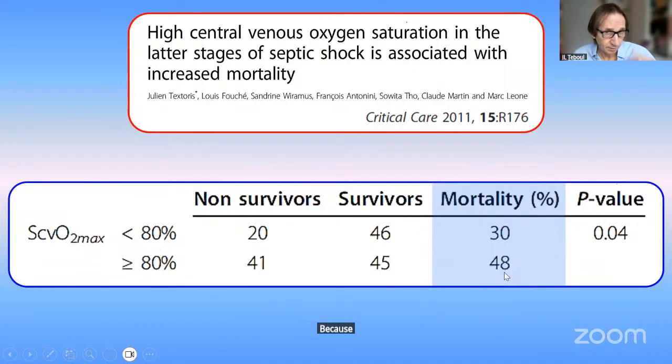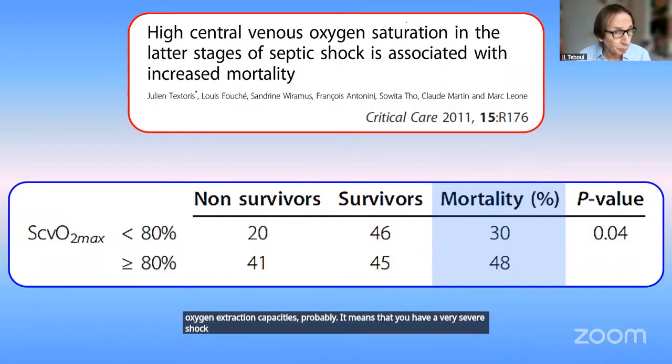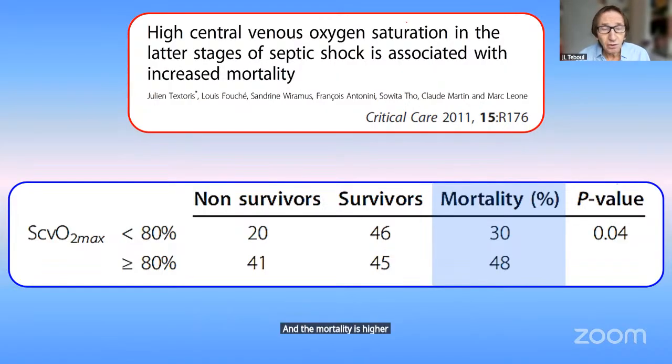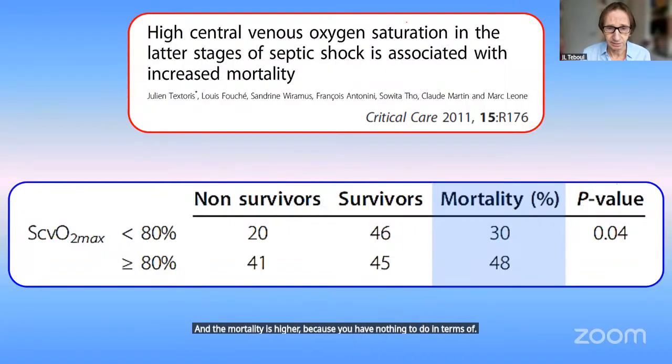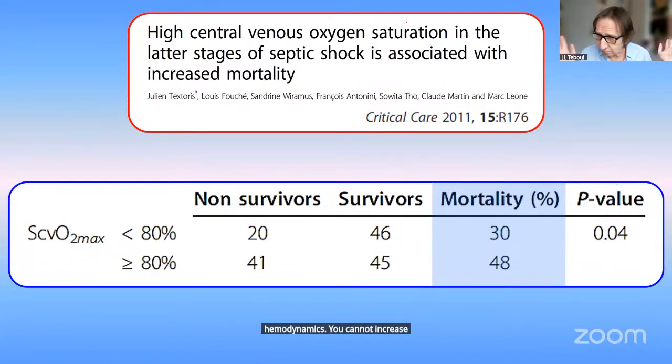Because if you have profoundly altered oxygen extraction capacities, it probably means that you have a very severe shock, probably septic or distributive shock, and the mortality is higher because you have nothing to do in terms of hemodynamics. You cannot increase cardiac output. It is totally ineffective, and you just have to wait for the benefits of anti-infectious treatment, for example.